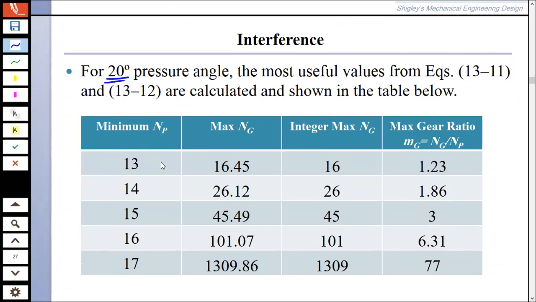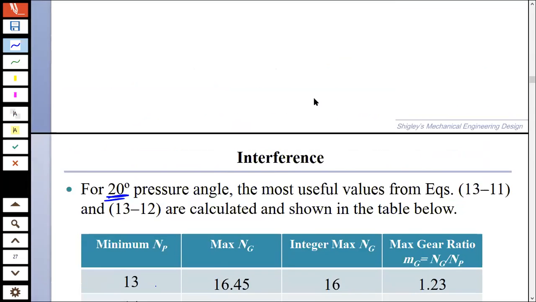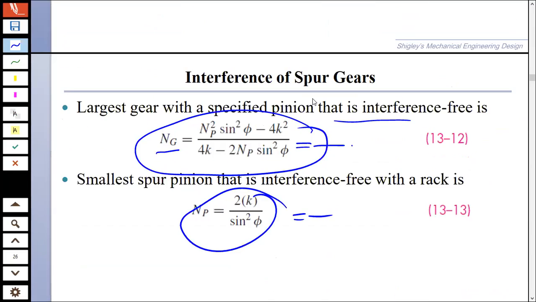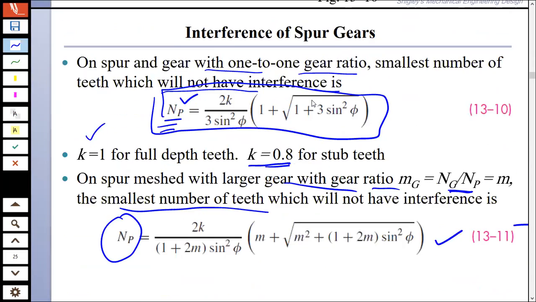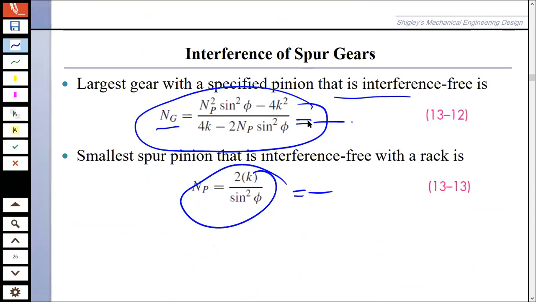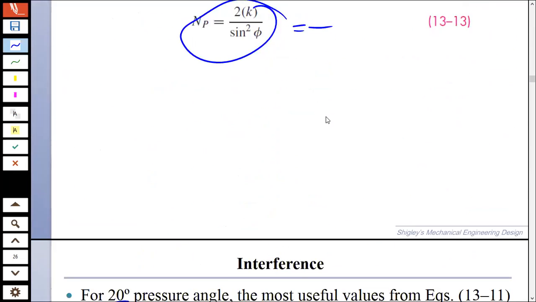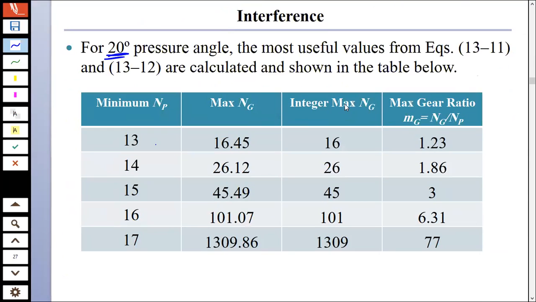See the number of teeth, if you take a 20 degree angle, then what we will have is the largest gear will have these teeth. If you have 13 teeth on the pinion, then the maximum teeth on the gear should not be more than 16.45, which is 16 basically.